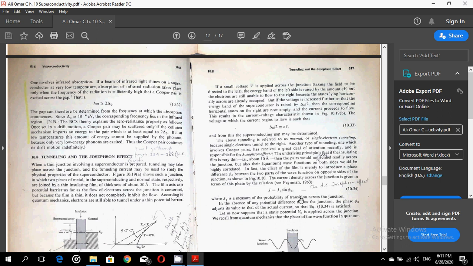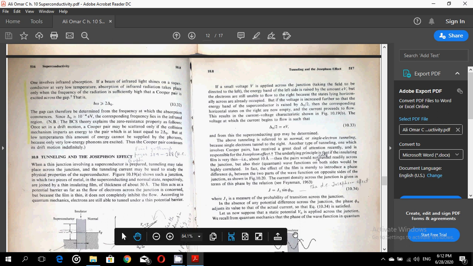In fact, the effect of the film is merely to introduce a phase difference phi naught between the two parts. So look at the figure.